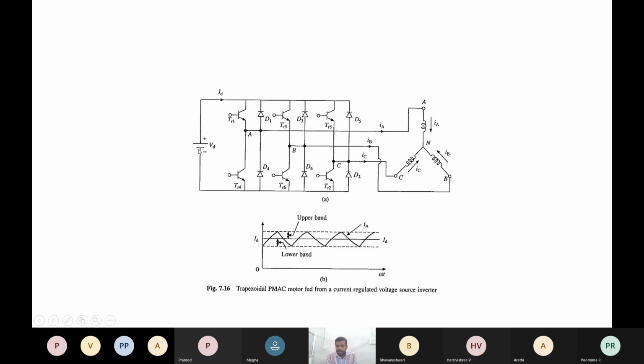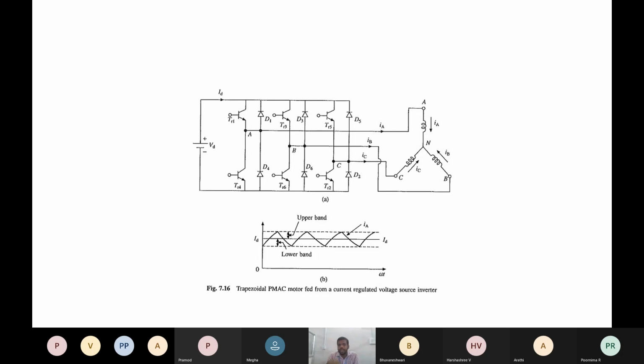Okay, so when the transistors TR1 and TR6 are connected here, similarly you can go for the conditions TR3, TR2, or else TR5, TR6, TR3, TR4, any combination you can take, but the only thing is you have to flow the current into our machine.